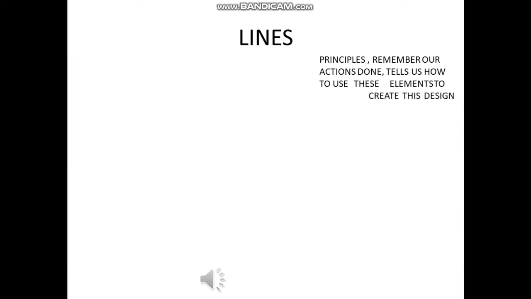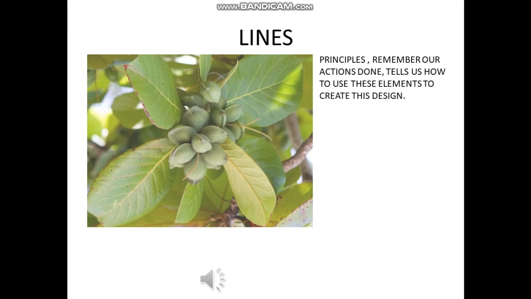Now, principles, remember, tell us how to use these elements to create a design. So if we look at this picture, let's see if we can identify how our elements are used in this picture, along with our principles, to create a visual composition.